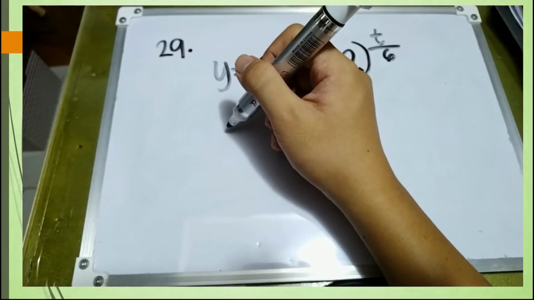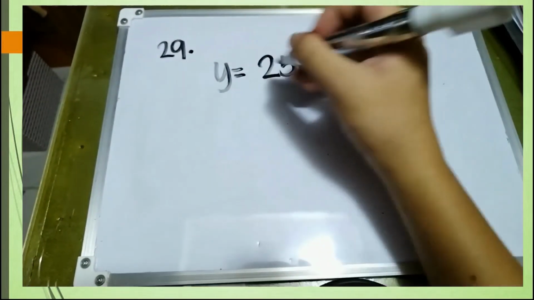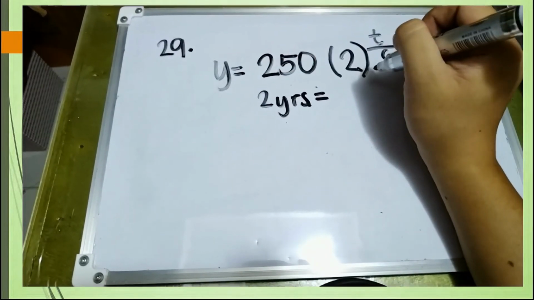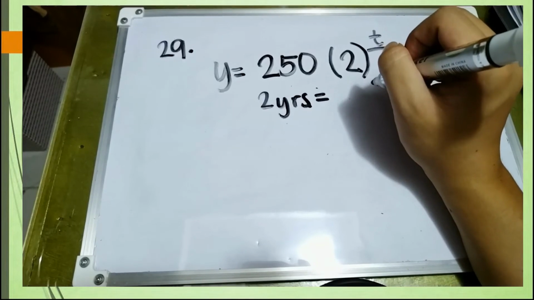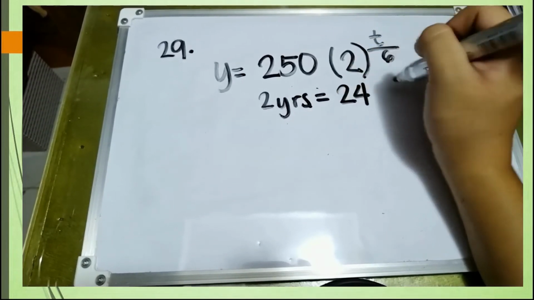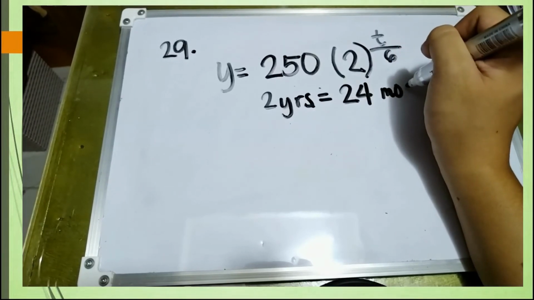So how many crickets will there be after 2 years? So 2 years, that is how many months? That is 24 months.